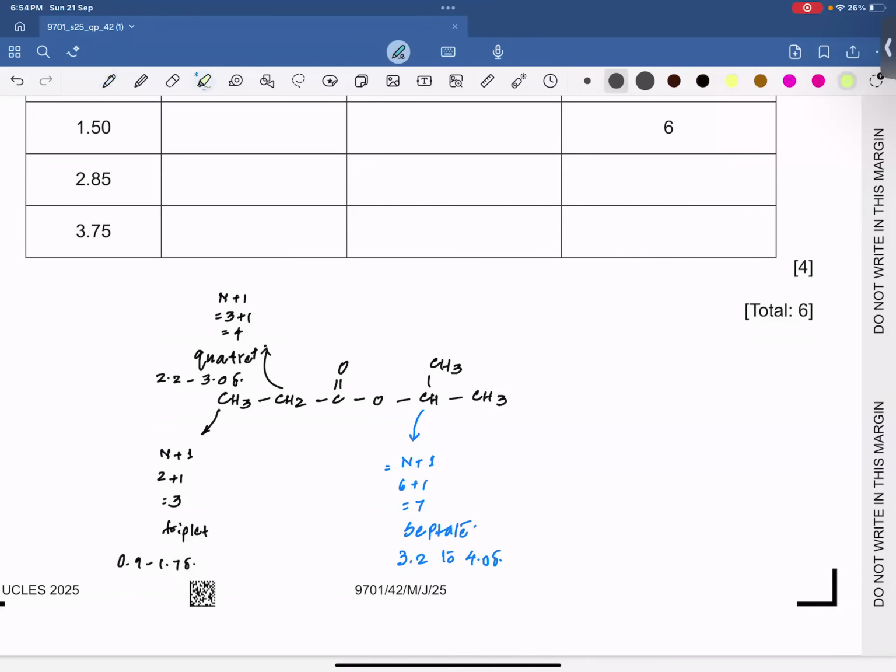Now, guys, you know that these 6 hydrogens have the same chemical environment.